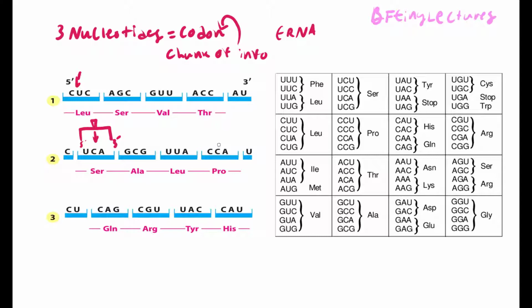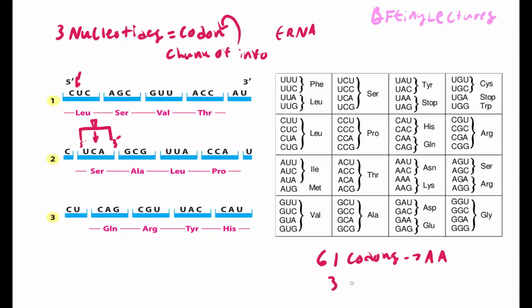And so now we are going to investigate how this process takes place. But before we can do that, we have to know that there are about 61 codons that code for amino acids. So we call that AA.